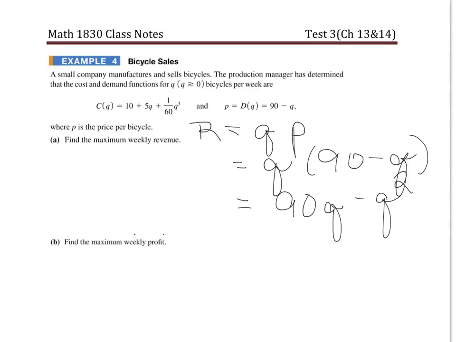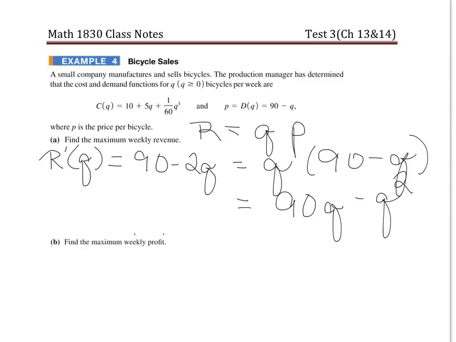Now, the rate of change of revenue is going to be the derivative of revenue, and where the derivative of revenue is equal to 0 is where we're going to find the maximum weekly revenue. So first we need to find R prime of Q. And R prime of Q is going to be 90 minus 2Q.